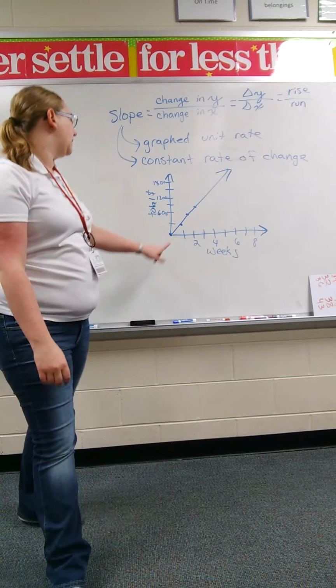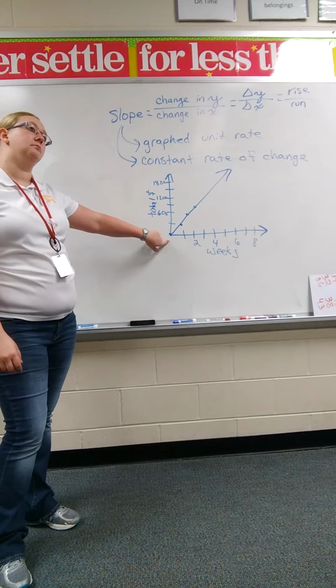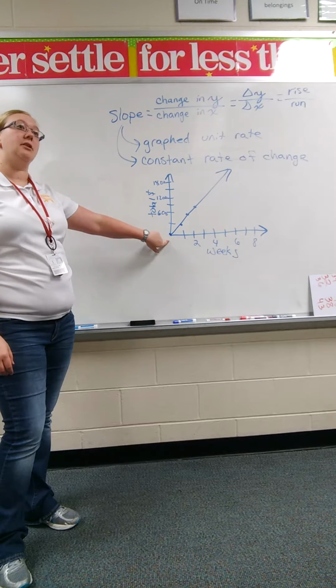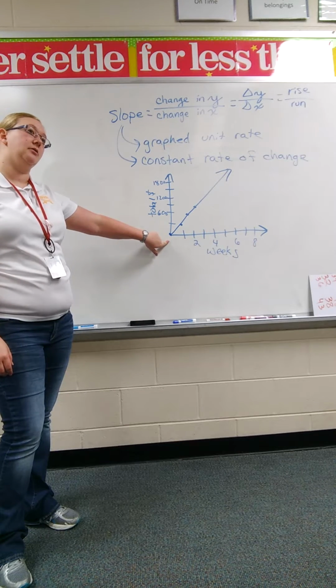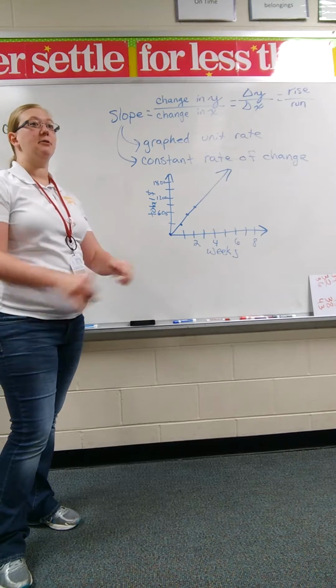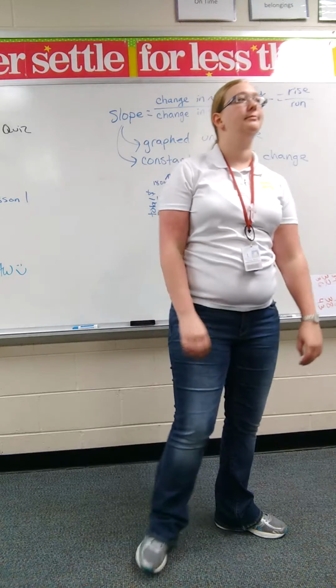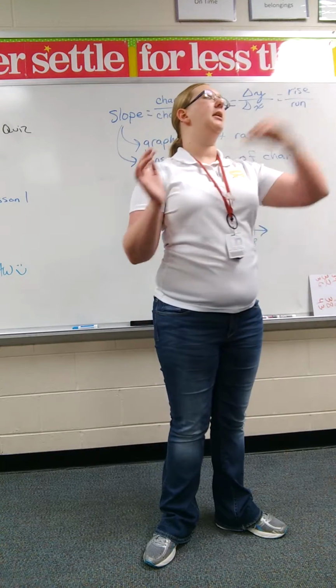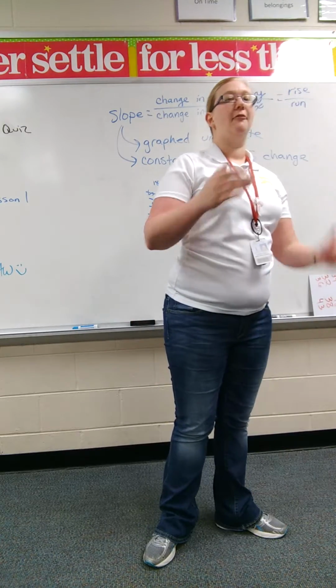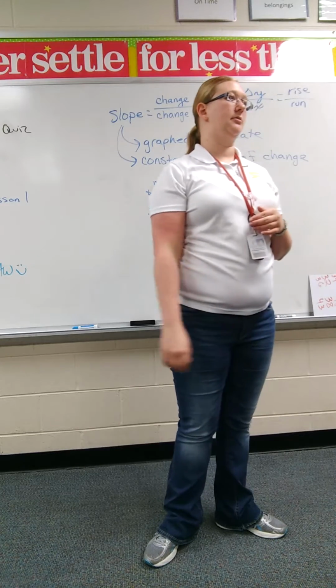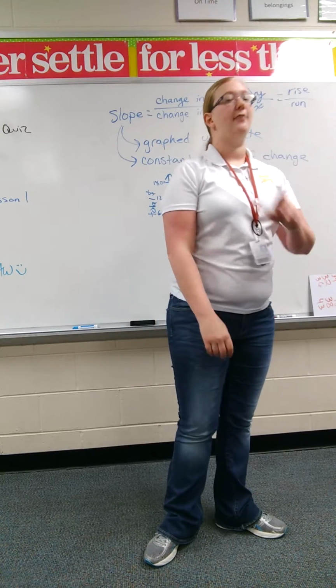So at that point, would we have 0 weeks and $0? No, because he started out with $200 in it, right? Okay. The bank was having a promotion. They said, when you open a savings account, we give you $200. So before he put any money into it, before week 1, he had $200. Okay? If you find that bank, let me know.